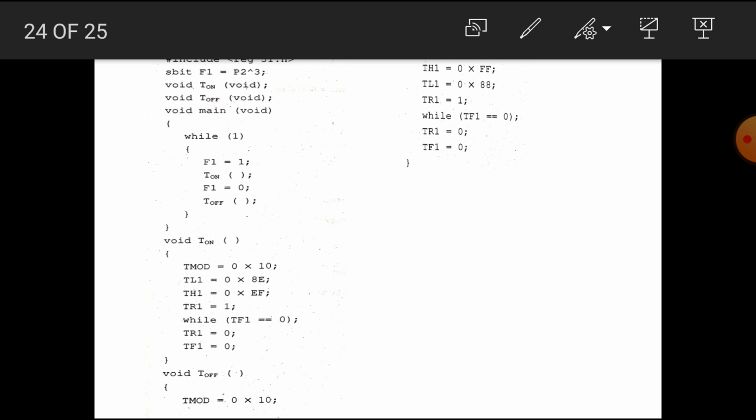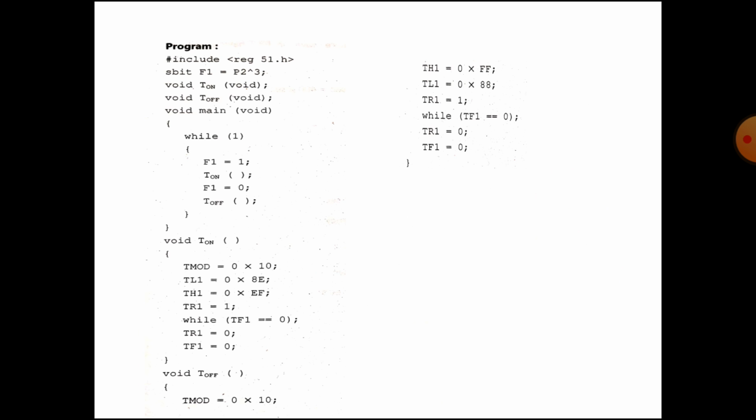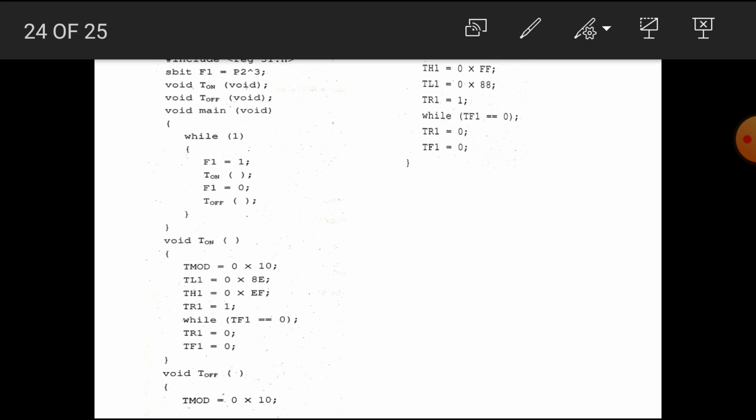Here the program is given. In this program we can see that first is #include reg51.h, next sbit F1 equal to P2.3, void on and void off. These are the two subroutines. Then void main, opening bracket, while 1 repeat forever, F1 is equal to 1, then give the delay of T on.